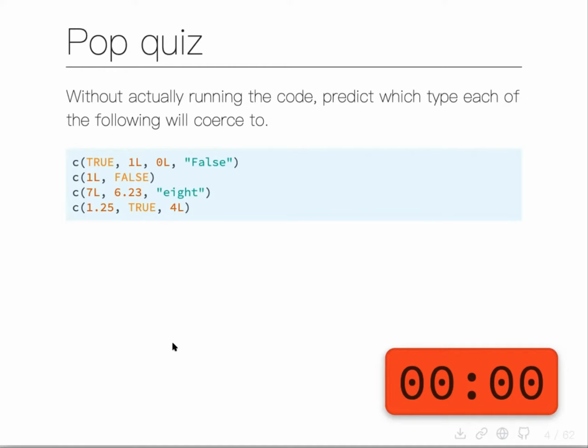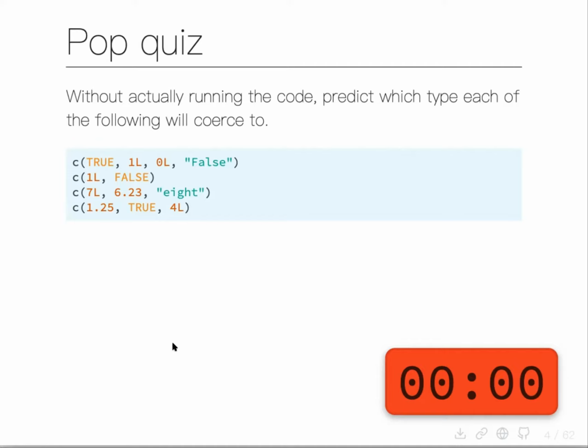Okay. Third one, 7L, 6.23, and 8 in quotes. Somebody else? Character. Character, again, because we have a character in there, so that's what it's going to coerce to. Pretty simple. If there's a string in there, that's what it's going to coerce to. All right, and then the last one, 1.25, true, and 4L. Double?